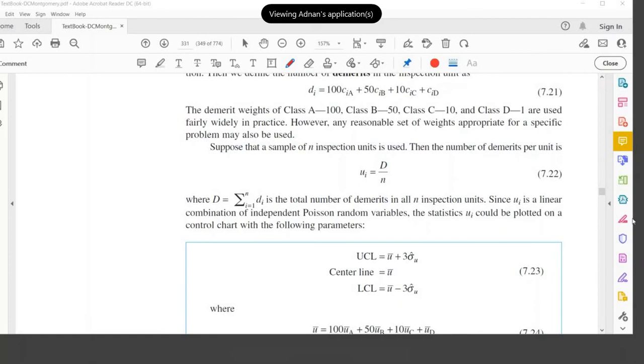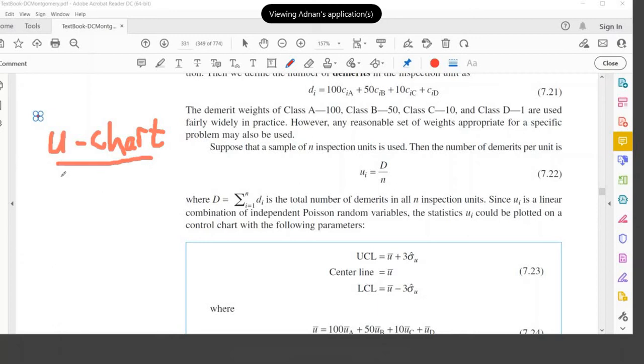Okay, first, let me put my power dulu sekejap. Tahu bahawa P chart, U chart. U chart is for non-conformities.